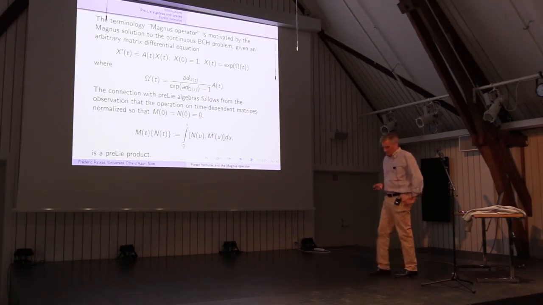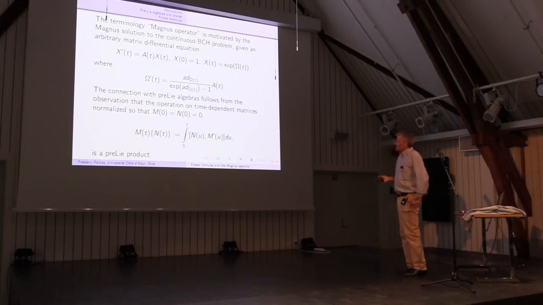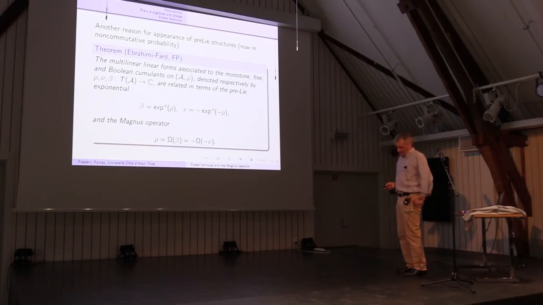So this allows to rephrase the classical formulation of the Magnus solution to the Baker-Campbell-Hausdorff problem in terms of Pre-Lie algebras. So that's the connection of what I've explained to the Baker-Campbell-Hausdorff formula and the theory of links between Lie algebras and Lie groups.